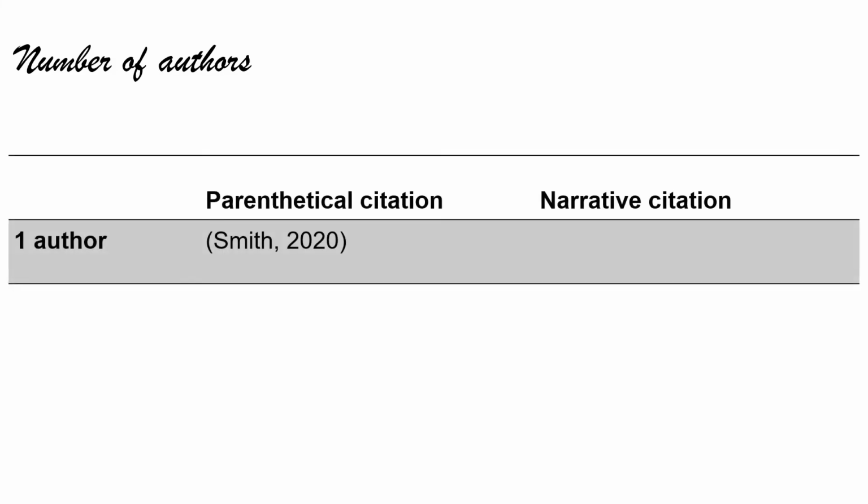Now let's talk about the rule on the number of authors. If you have one author in a parenthetical citation, write the author's family name, comma, and year of publication. As for a narrative citation, only the year of publication is enclosed in parentheses.